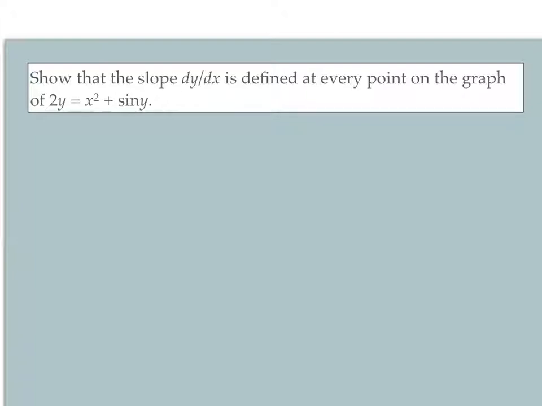Fantastic. Okay, so Lauren has it now. So hopefully people are starting to see, anytime you take a derivative that involves y, you put y prime. So it's 2y prime equals, what will be the derivative of x squared? 2x. And then sine y, the derivative of that would be cosine y, y prime.